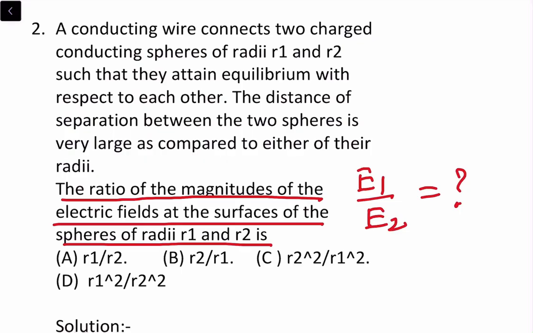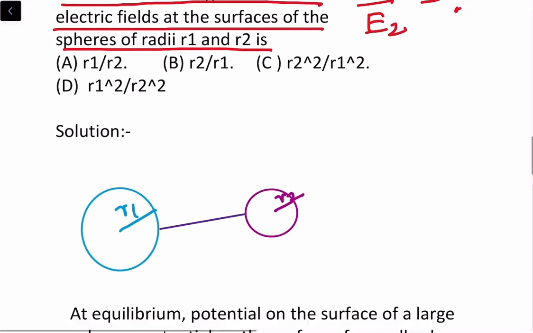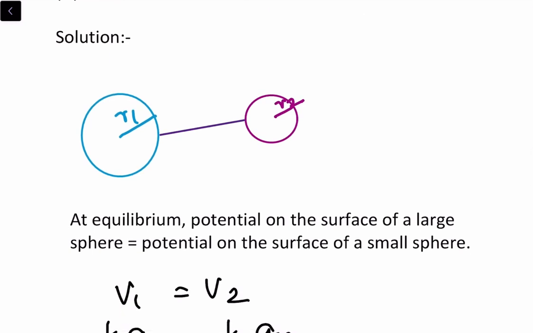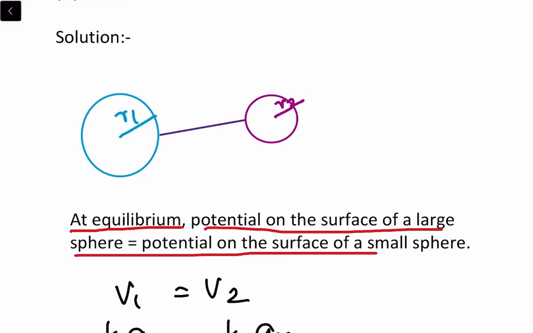So what is the equilibrium first of all? I have drawn the two spheres here with radius R1 and R2. Now see what is the meaning of an equilibrium. At equilibrium, potential on the surface of the large sphere is equal to potential on the surface of the small sphere.